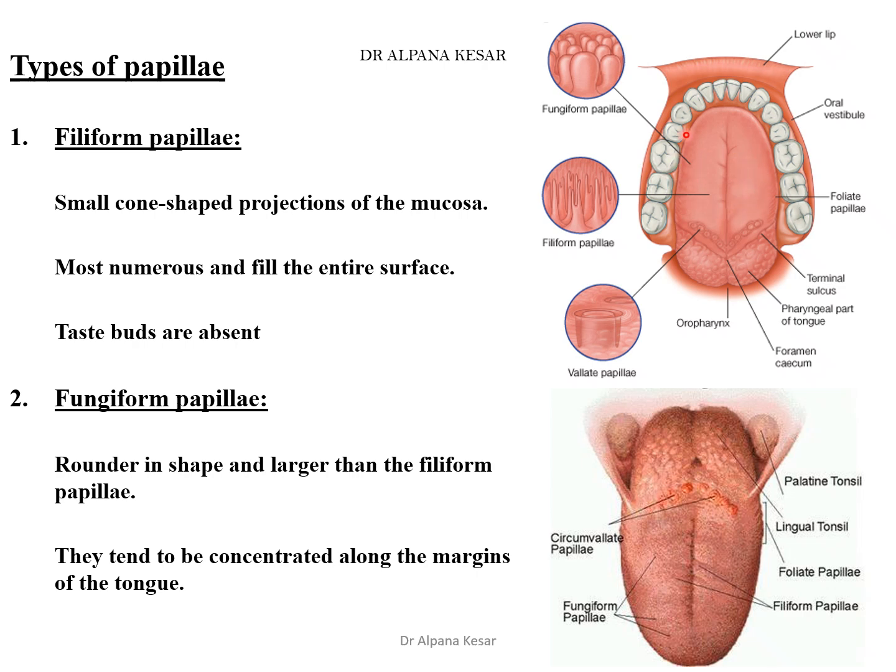They are usually more concentrated on the margins of the tongue. They are rounder in shape, shaped like mushroom, and hence the name fungiform papillae. They have taste buds present in their walls.